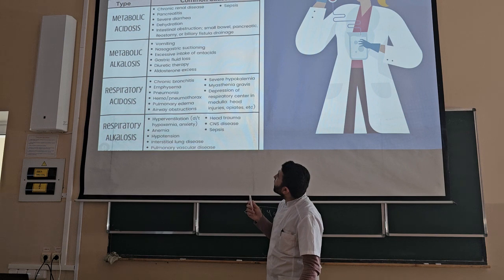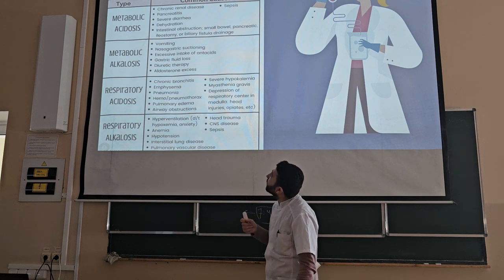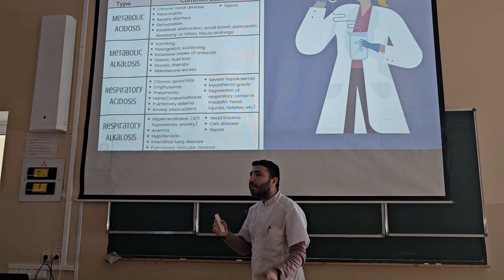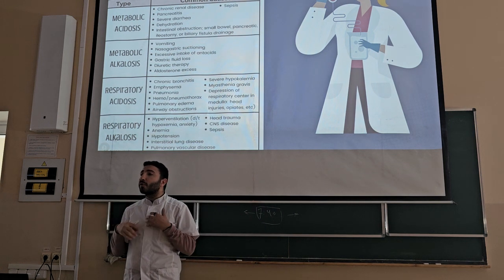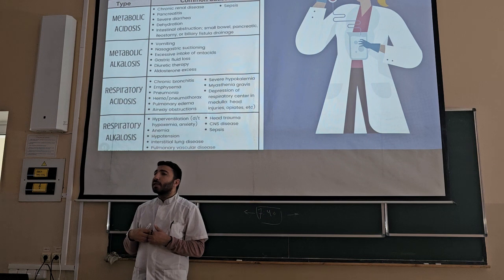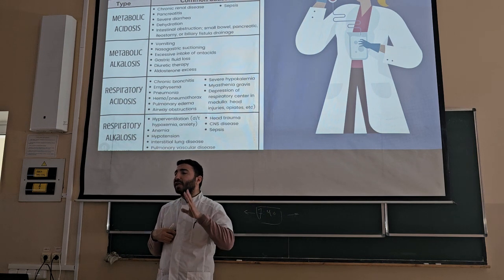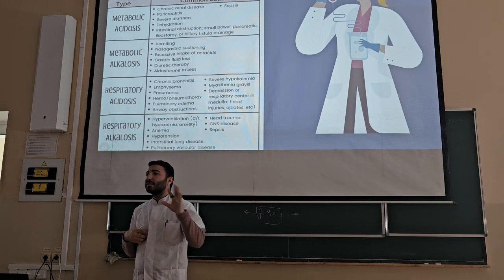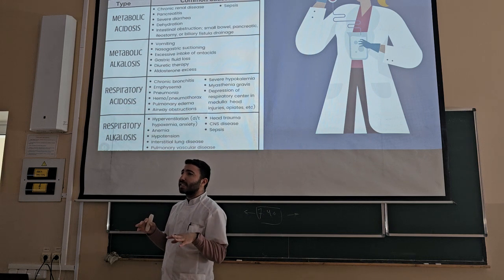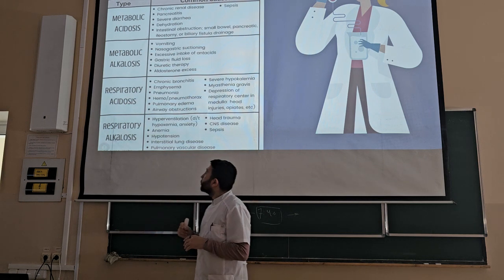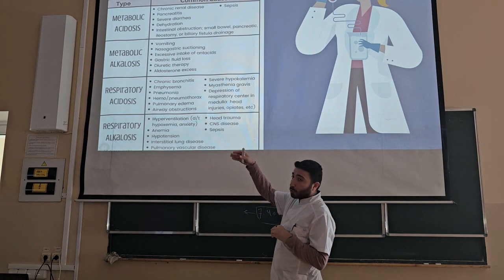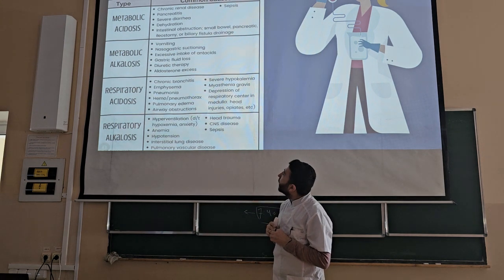Excessive intake of antacids, too much medication used for the stomach, for example ranitidine, any anti-histamine-2 medication, plays a role in causing metabolic alkalosis.